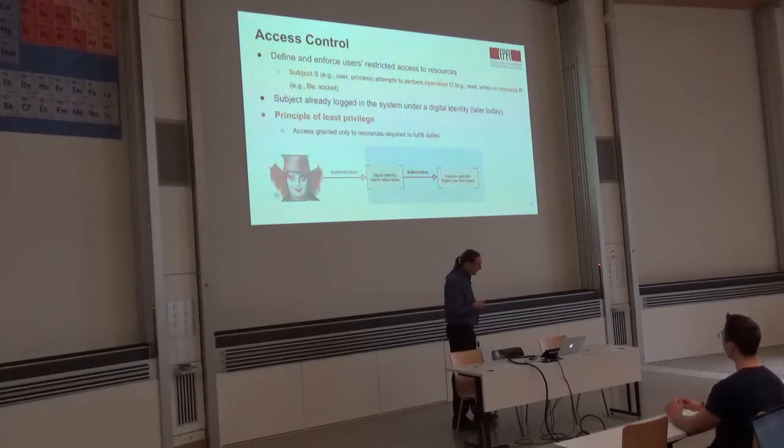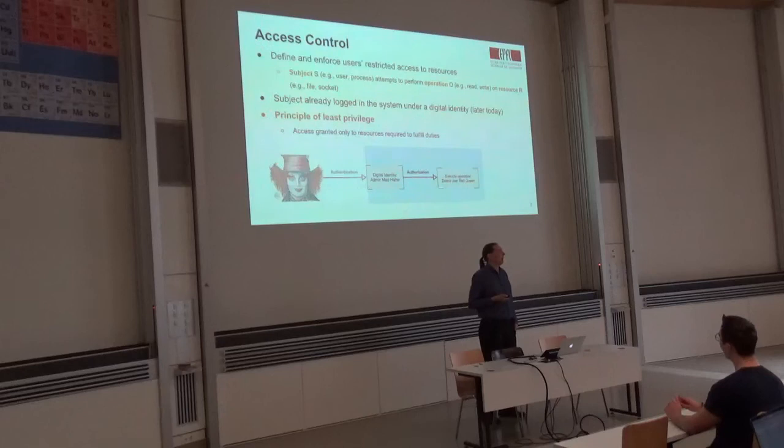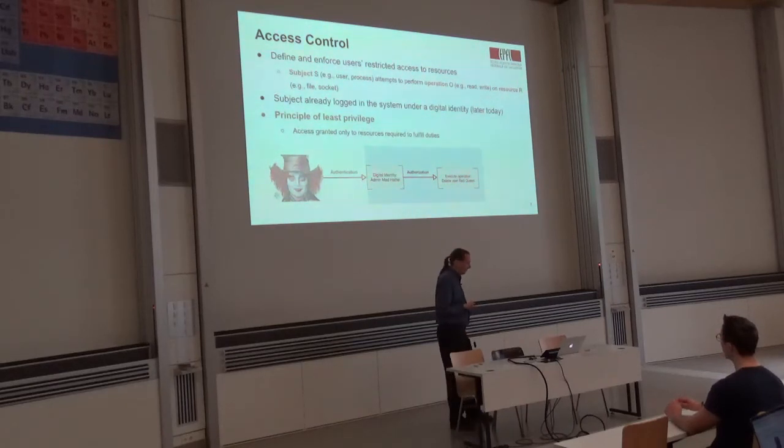Now, of course, we've brought up the principle of least privilege already. That's a pervasive principle throughout security, and we need to think about how to achieve the principle of least privilege when we're dealing with access control mechanisms.